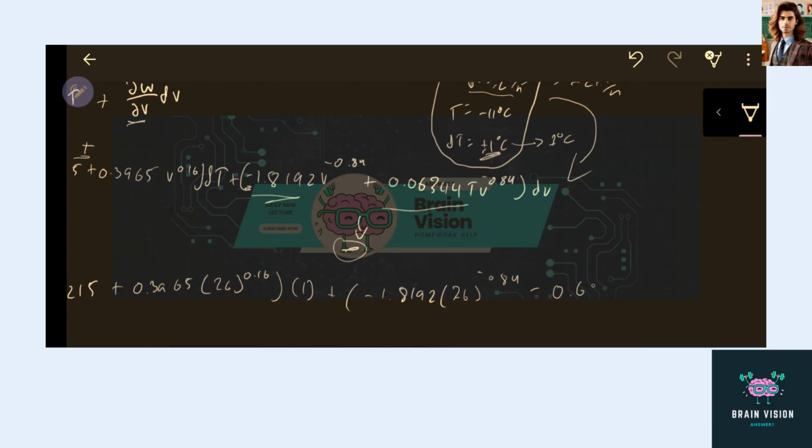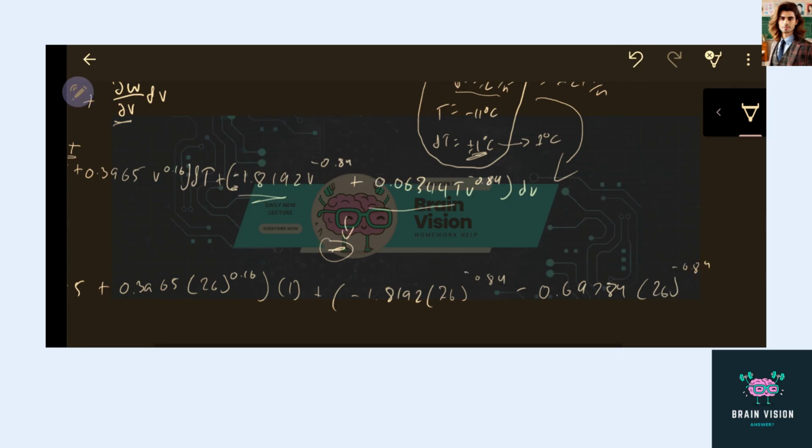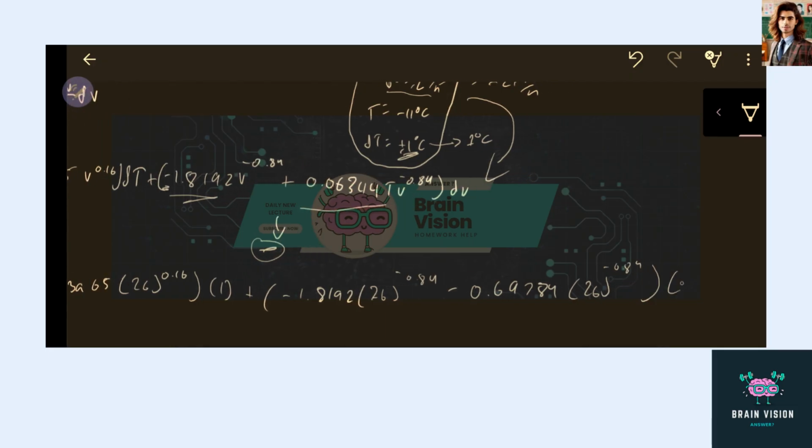So that will be minus 0.69784. And t is, we plug t in, and then we have to multiply that by 26 to the negative 0.84, and then all of that times negative 2.